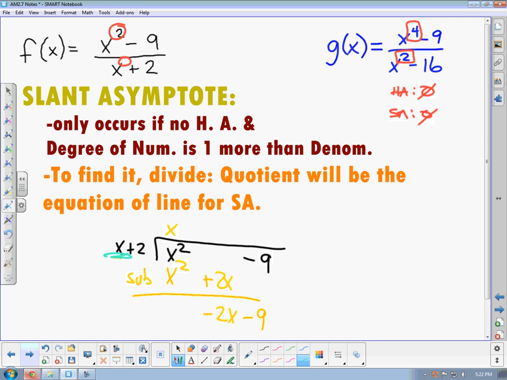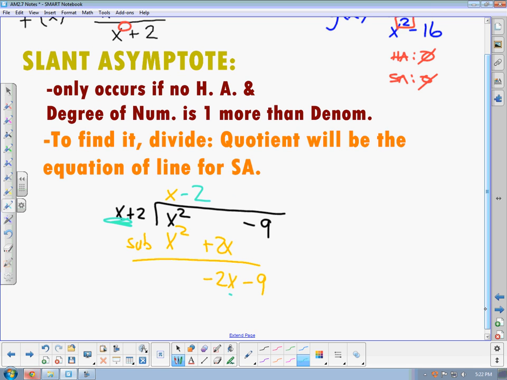Now we figure out what times x gets us negative 2x, and that would be a negative 2. When we multiply then, negative 2 times x is a negative 2x, and a negative 2 times 2 is a negative 4. Draw our line, and again we have to subtract. Negative 2x minus negative 2x is 0, and a negative 9 minus a negative 4 is a negative 5.